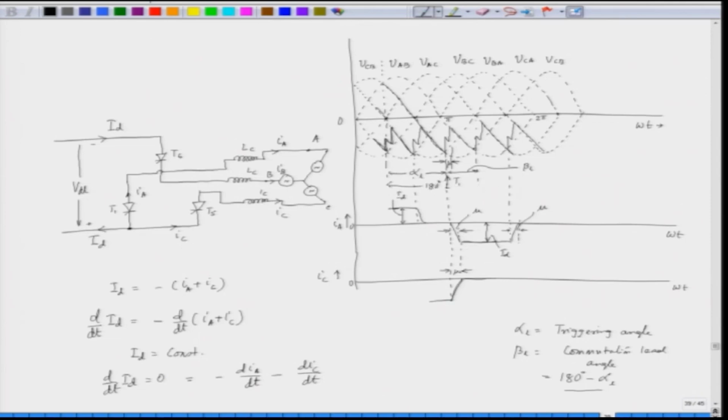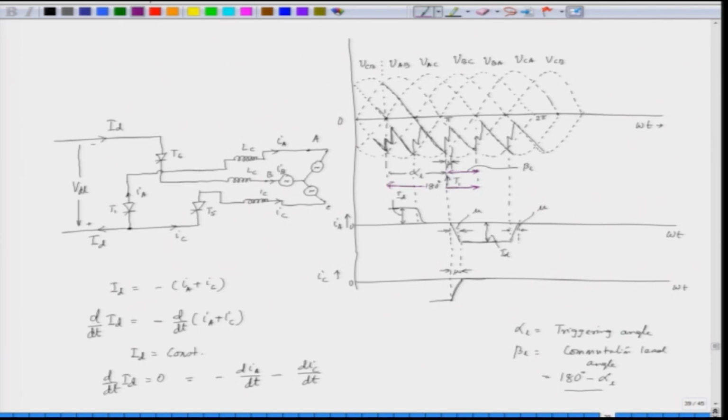This is 180 degree here from this point to this point. So, whatever is remaining, 180 degree minus alpha L, is beta L, the commutation lead angle.